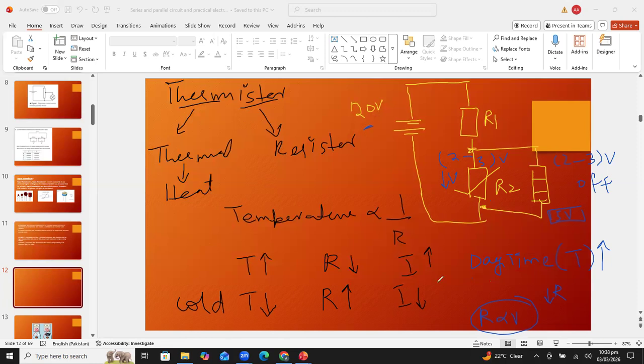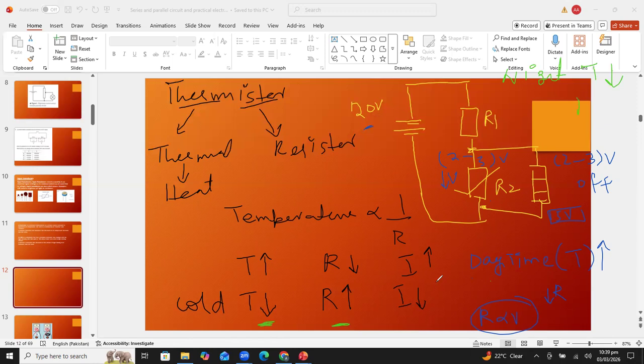Now students, suppose that as night time is approaching, the temperature will start to decrease. In night time the temperature will start to decrease, there is cold outside. So if there is cold outside, the temperature is decreasing. If the temperature is decreasing, it means the resistance will increase.